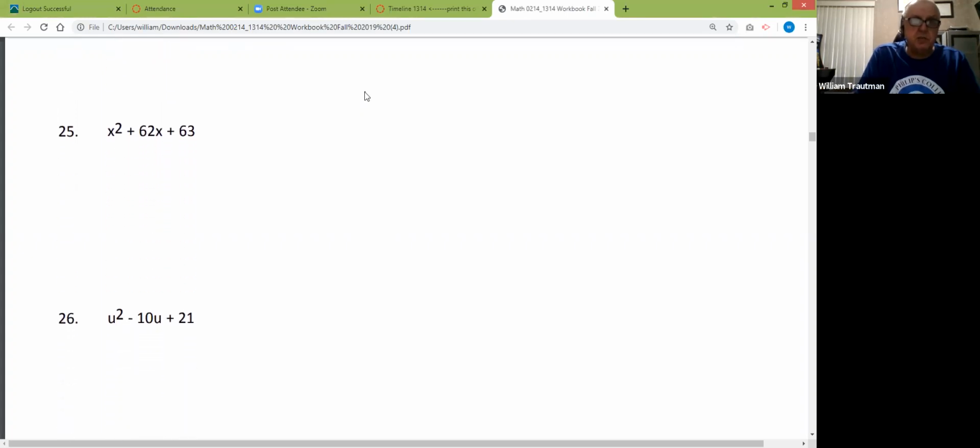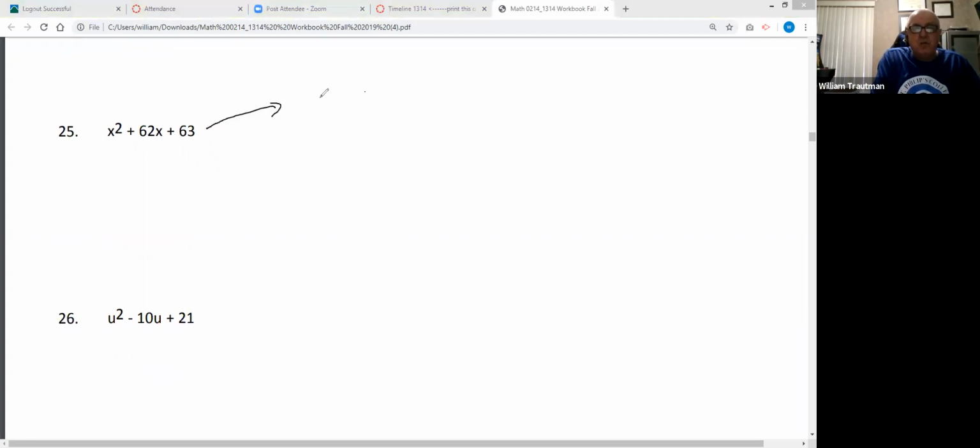Uh-oh, 63. I see the answer already. Step 1, 63 is 1 times 63. 63 divided by 2 is a decimal. 63 divided by 3. 3 times 21 is 63. You can go 63 divided by 3, and it says 21. 63 divided by 4. 63 divided by 5. 63 divided by 6 is a decimal.